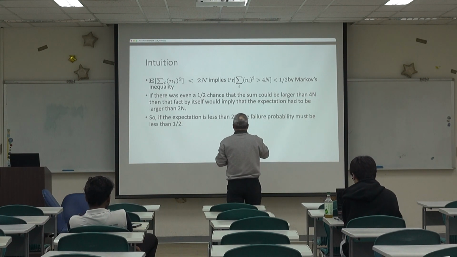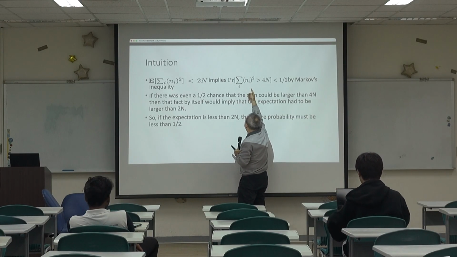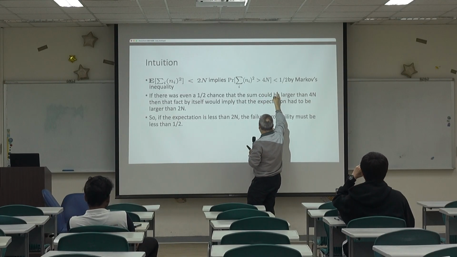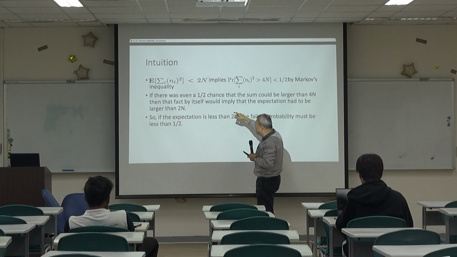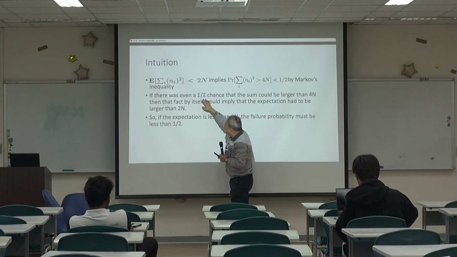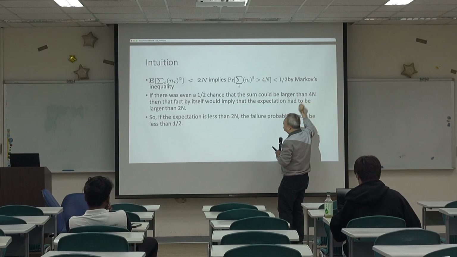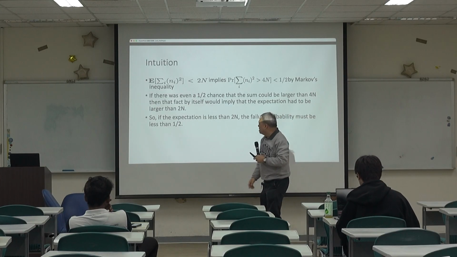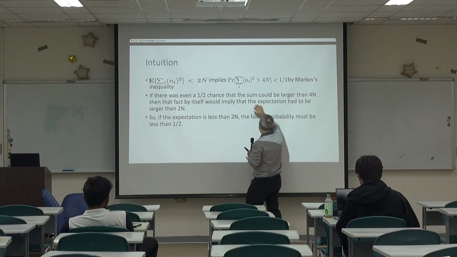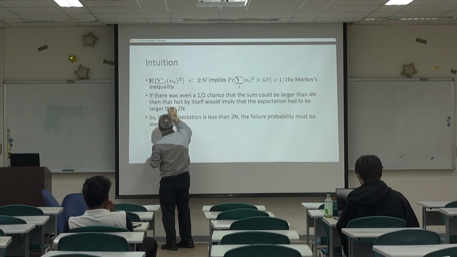If the probability that the sum of this Ni squared is greater than 4n is greater than 0.5, if there was even a 0.5 chance that the sum could be larger than 4n, then that fact by itself would imply the expectation must be larger than 2n.